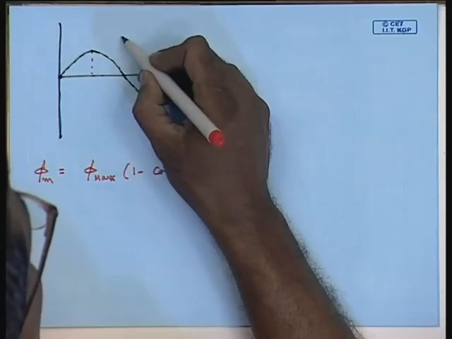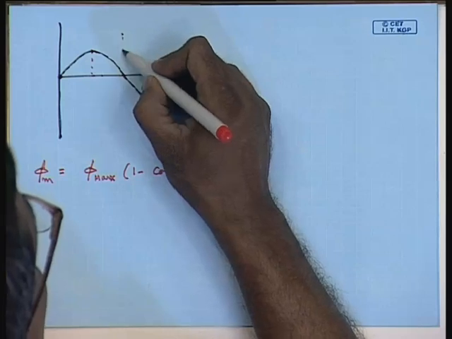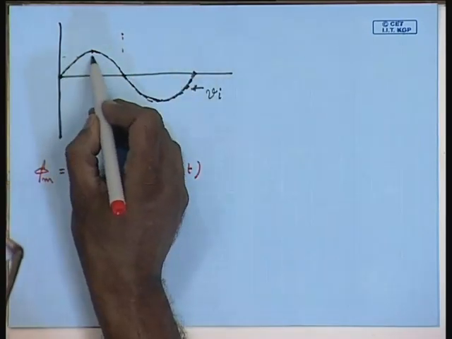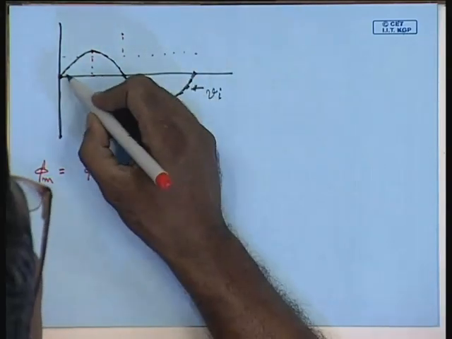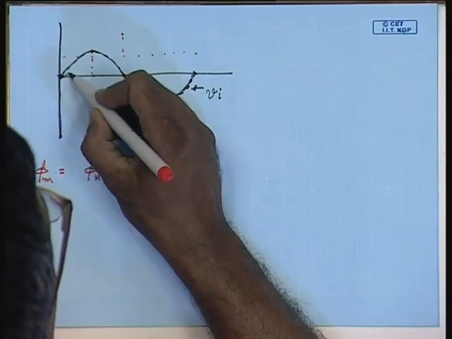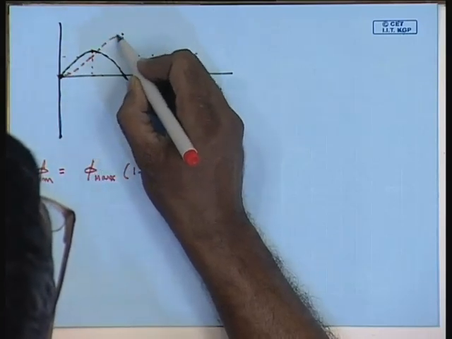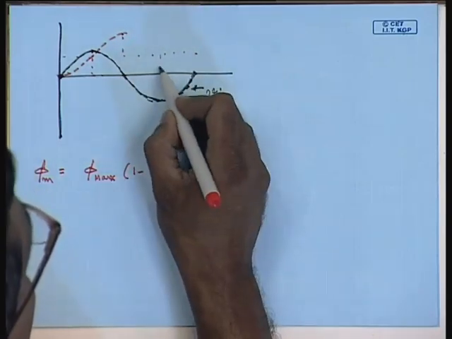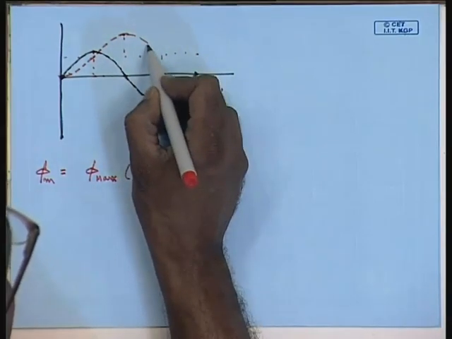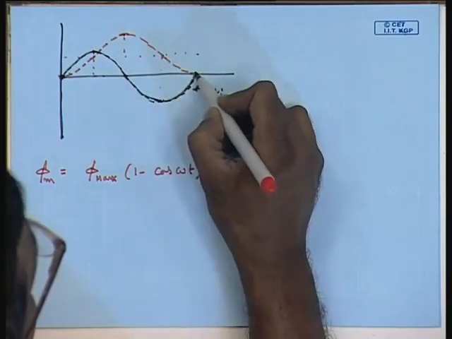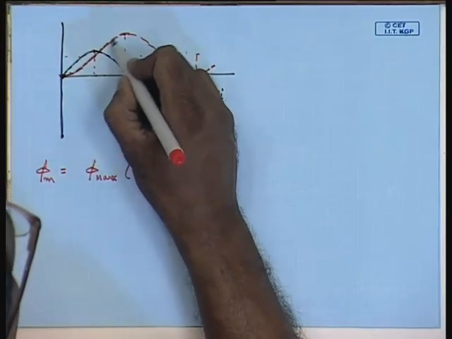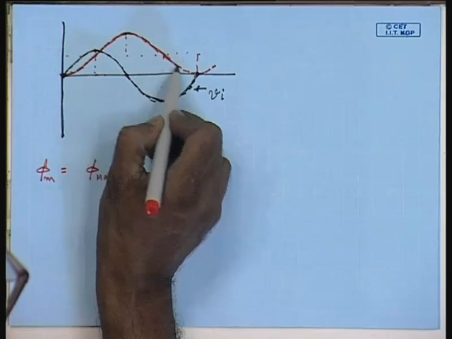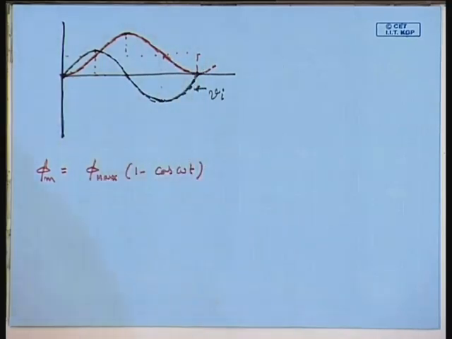So, the flux waveform will be a cosine wave which is phase shifted by phi max. Now, let us see what will be the consequences in terms of currents.